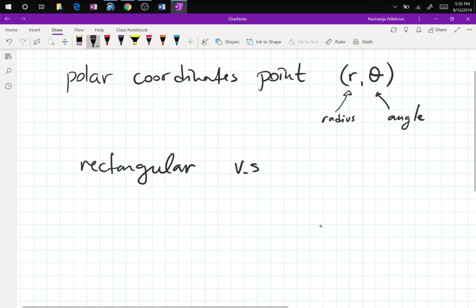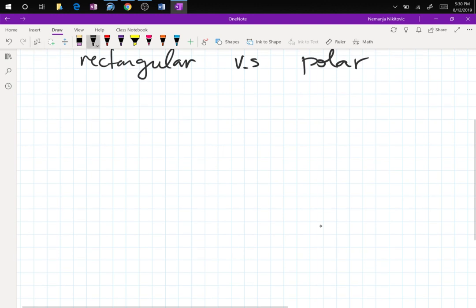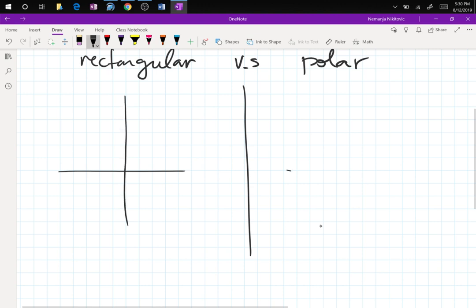Rectangular versus polar. Draw two coordinate systems next to each other. Label both x and y because both of them are x and y.